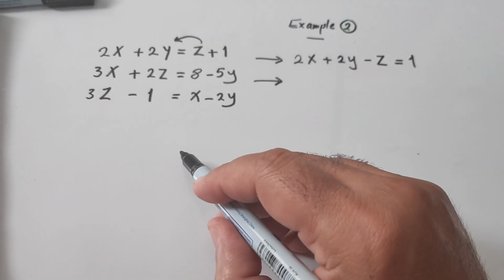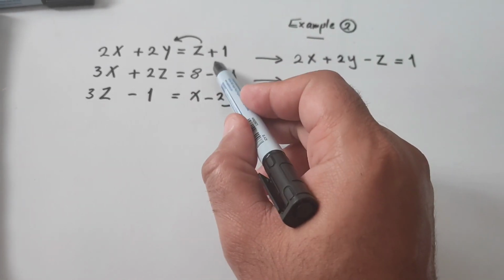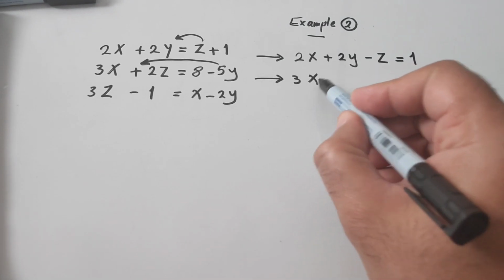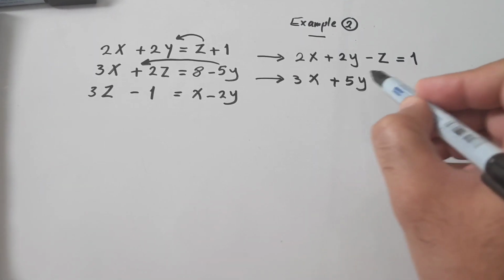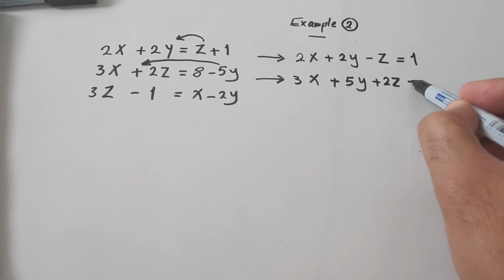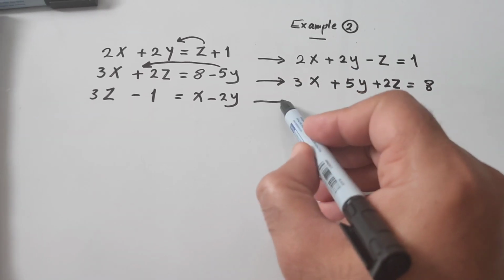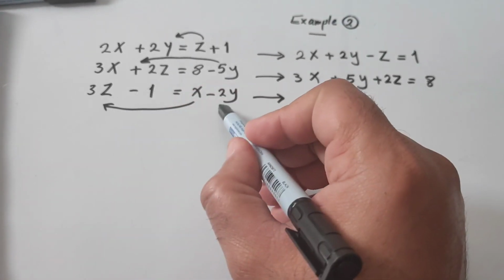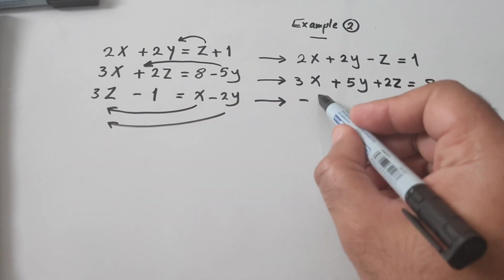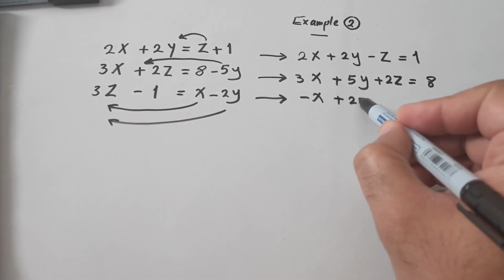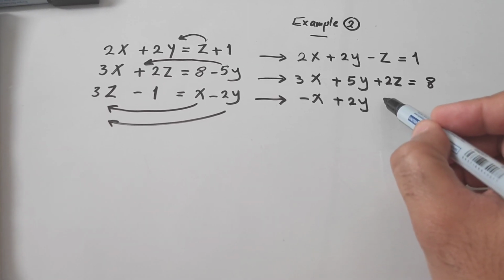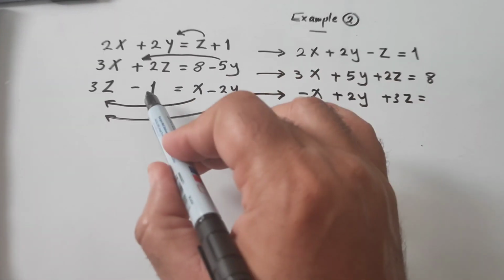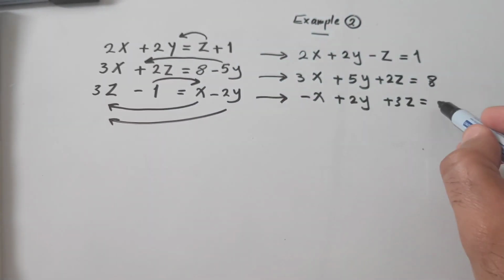The second equation, 3x plus 5y plus 2z equals 8. The third equation, negative x plus 2y plus 3z equals 1.